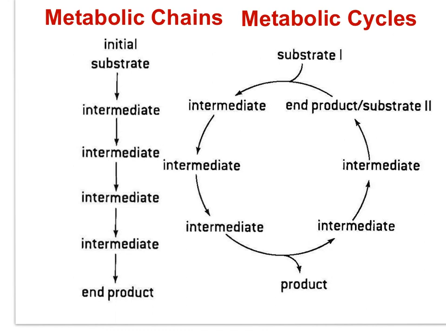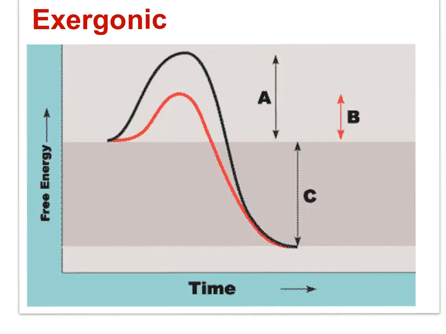As such, you should imagine the entire process of either respiration or photosynthesis as a metabolic pathway, including both chains of reactions where we have one intermediate after another, or cycles of reactions where reactions begin and end with the same molecule.